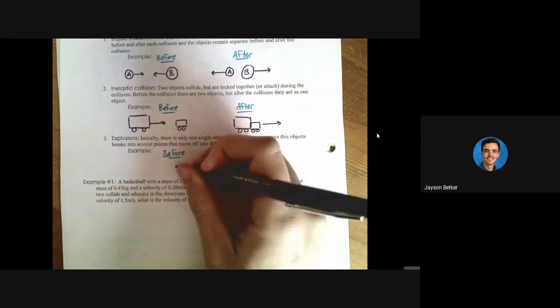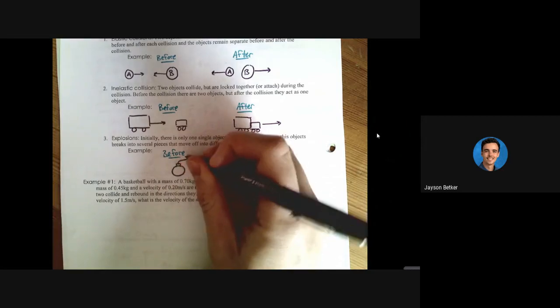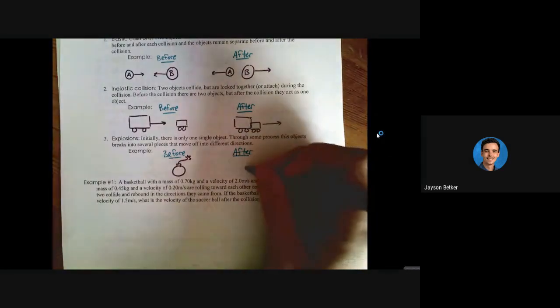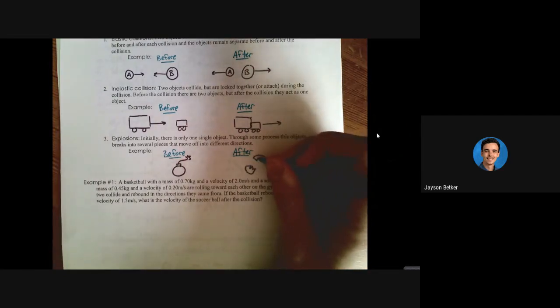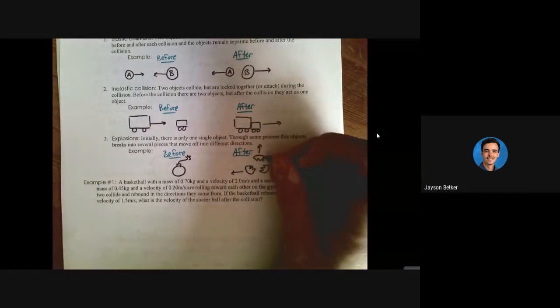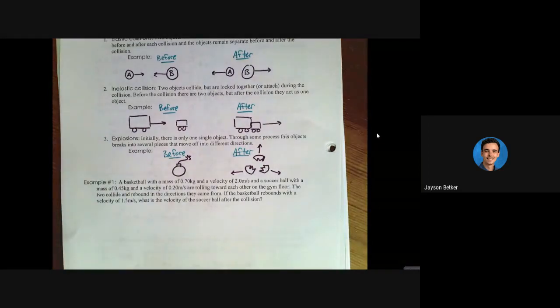Before, we've got some sort of explosive, okay, all in one piece. And then after that explosion, let's say this one breaks into, say, 3 pieces, something like this. And they're moving in a whole bunch of different directions. So this is probably the most complicated problem that we can have because we're going to have multiple different directions that we have to deal with.